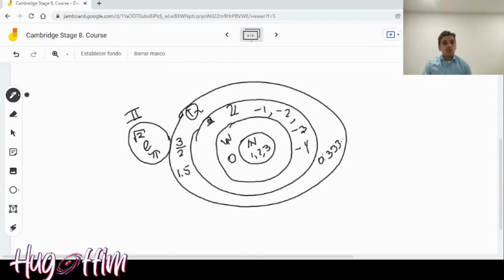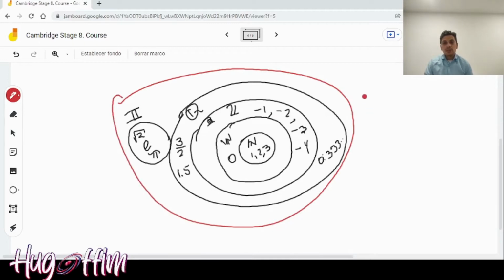And this is what we call the number system, the real numbers.